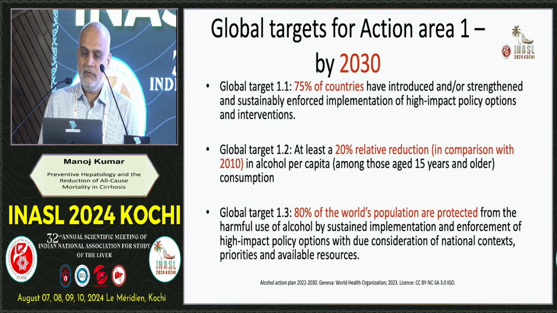Various targets have been set by WHO. By 2030, 75% of countries need to introduce policies, at least a 25% reduction as compared to 2010 in alcohol per capita consumption, and 80% of the world population protected from harmful use of alcohol by various strategies.